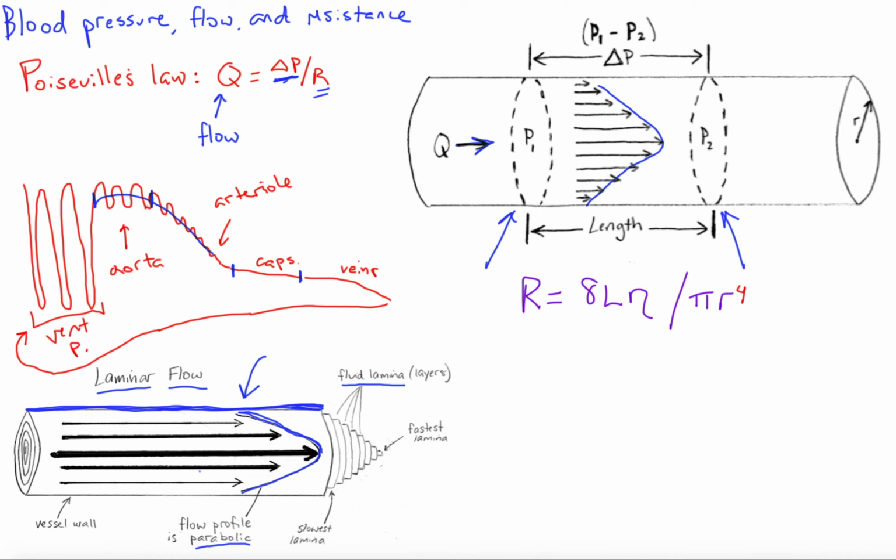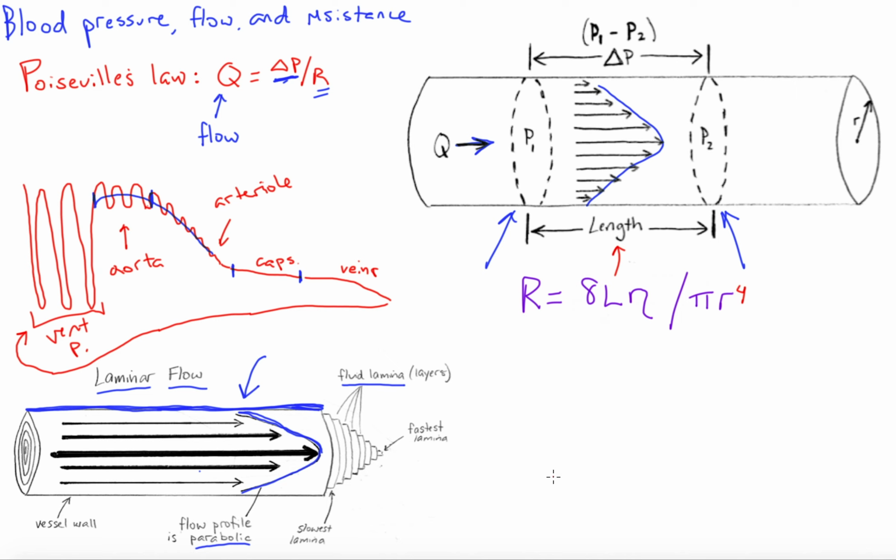So let's start with the easy ones. 8 and pi are constants within the equation to account for the fact that we're flowing through a cylinder. Again, we have to assume this cylindrical shape of our blood vessels for Poiseuille's law to be truly accurate. So we're done with those. They're constants. L is length, the length over which we are assessing this flow and the pressure gradient that goes with that, and it is going to be a factor in the resistance.